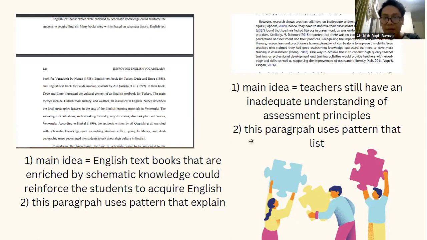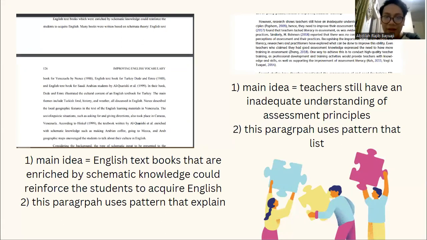Okay, and the last one from the second article: the main idea is about teachers. Teachers still have an inadequate understanding of assessment principles. Where do I find this? It is stated in the first sentence. Okay, however, research shows teachers still have inadequate understanding of assessment principles. Hence, they need to improve their assessment literacy. This paragraph also uses the pattern of list, because it lists all the examples of why teachers still need to improve their assessment literacy.